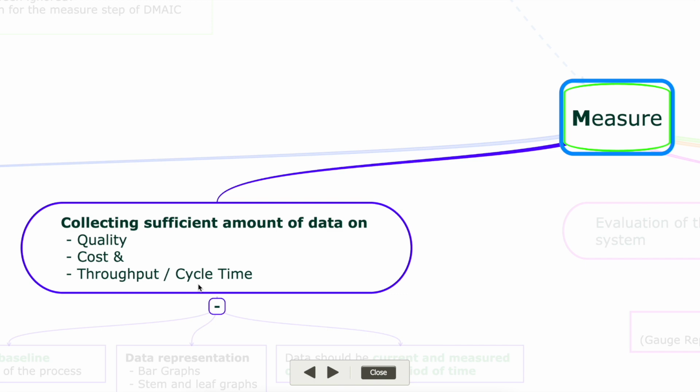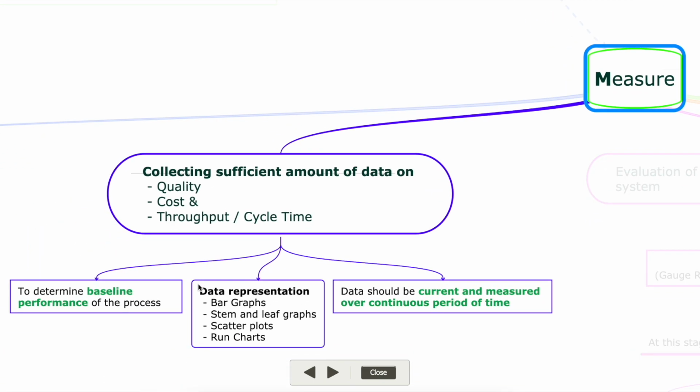Okay, in order to collect a sufficient amount of data, we can use these things. The data that we have collected will help us determine the baseline performance of the process, meaning how the process is currently performing, and after implementing the project, what the improvement can be.